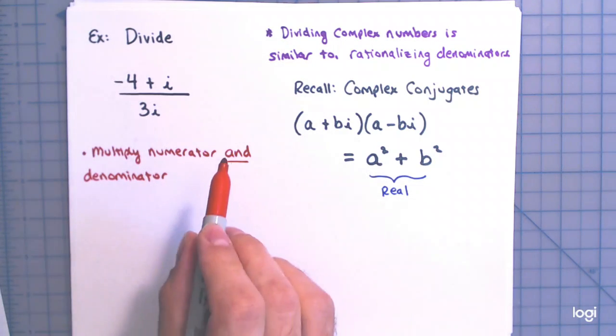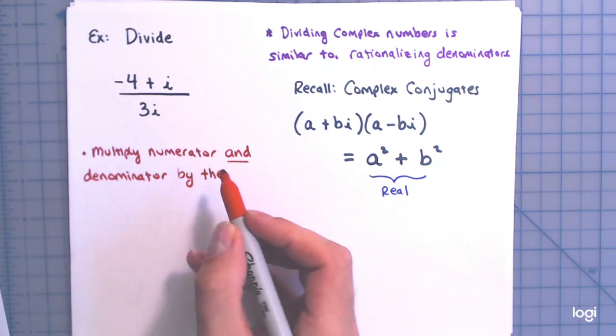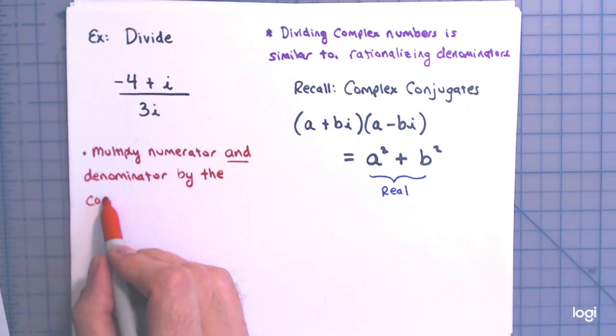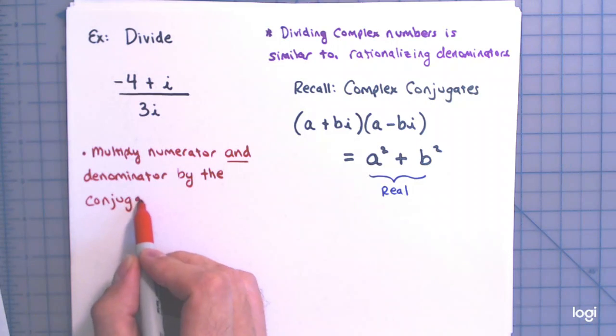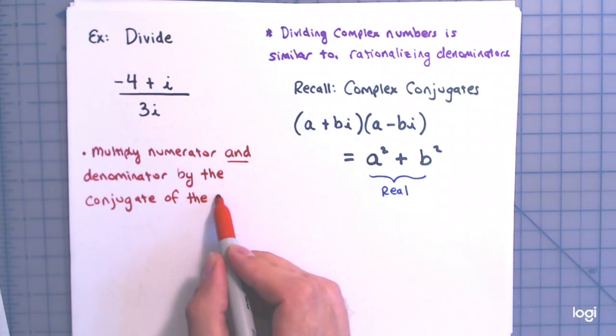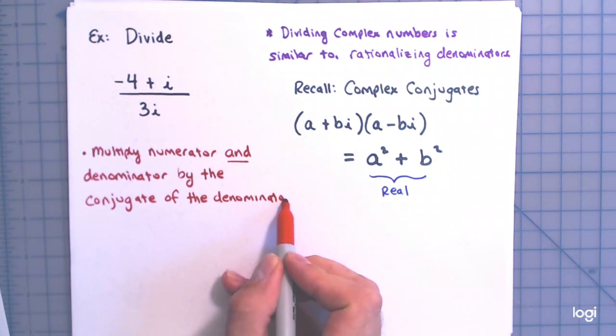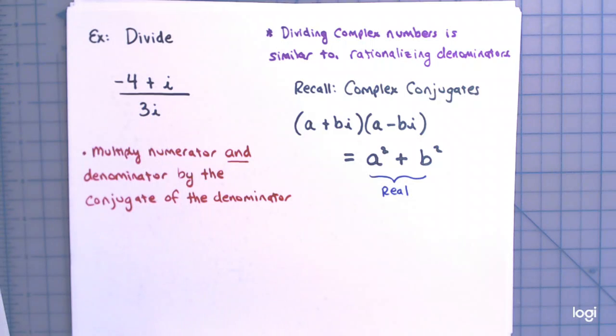So multiply the numerator and the denominator by the conjugate of the denominator. And what you're going to see is that's going to get rid of the i in the denominator. So let's do that here.